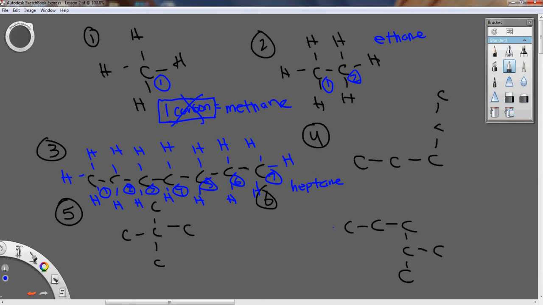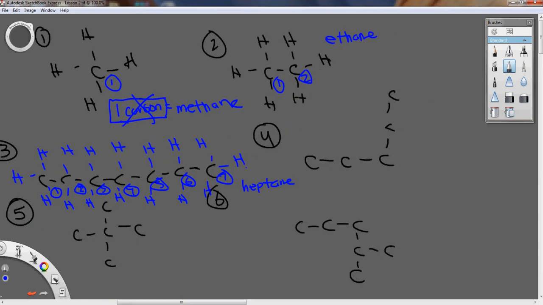Alright, number 4. So maybe this looked a little bit confusing to some of you, but don't let the way that I made a right angle here confuse you, because when I say path, it doesn't have to be a straight path. You wouldn't go, oh, here's 1, there's 2, there's 3, and that must be it because it's only a straight path.